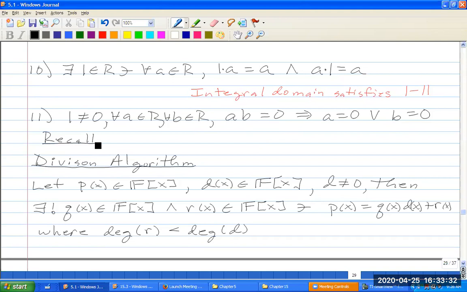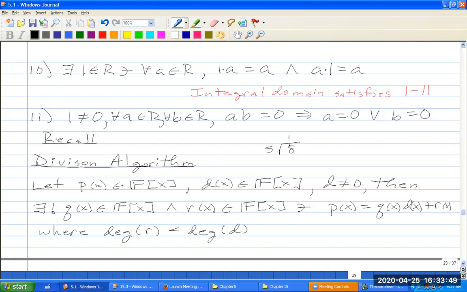And lastly, let's recall the division algorithm. So the division algorithm says that if you have two numbers, let's say 8 and 5, then you can divide them.